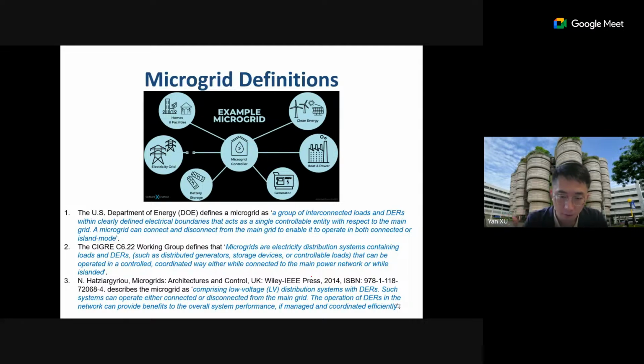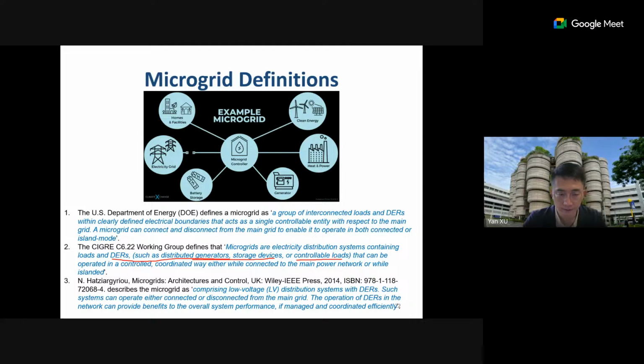Basically, the microgrid, first of all, should be a low voltage distribution grid. Secondly, this grid should contain flexible loads and DER, distributed energy resources, including distributed generators, storage devices, or controllable loads.